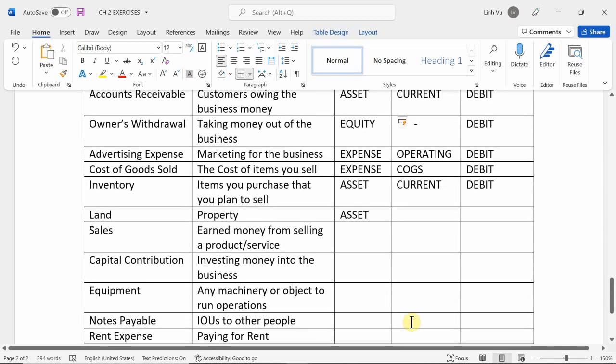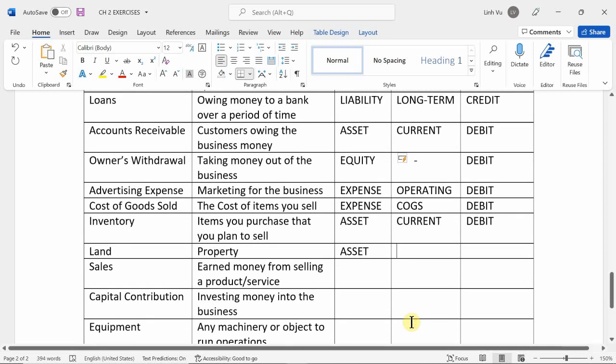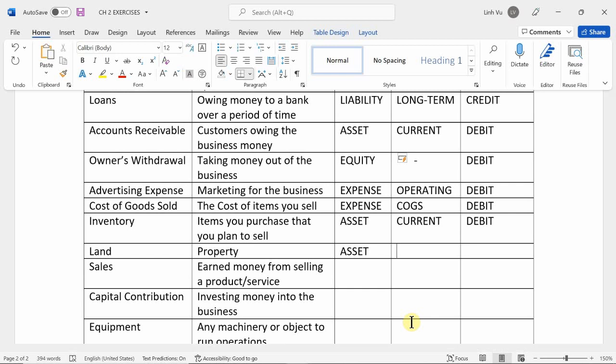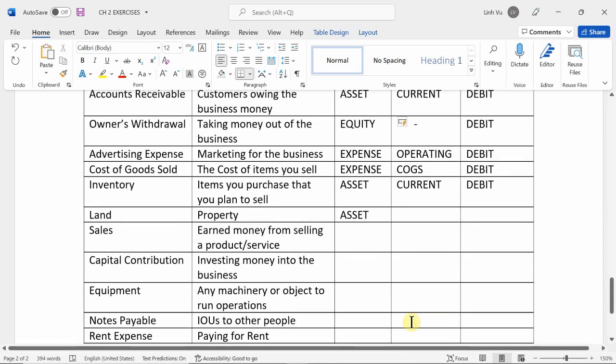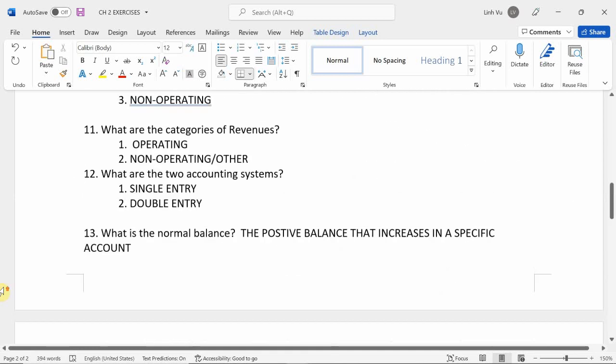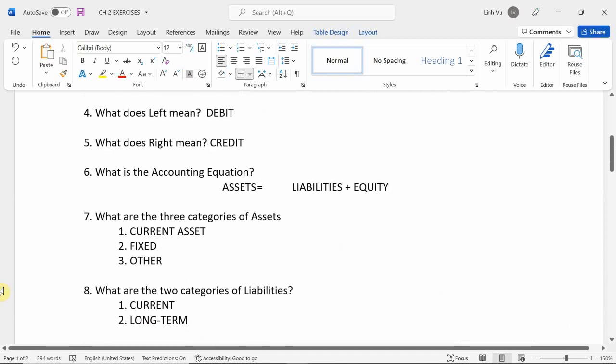Other. It is definitely not other. You can physically touch land. If it's not current and it's not other, then what is it going to be?